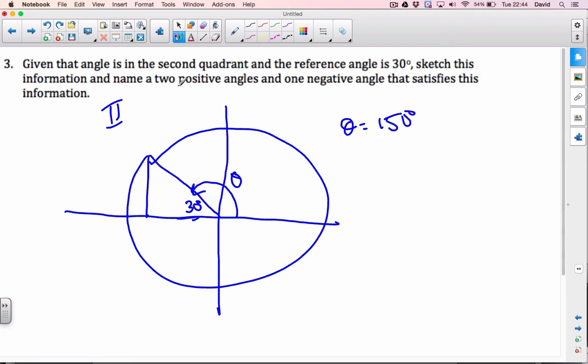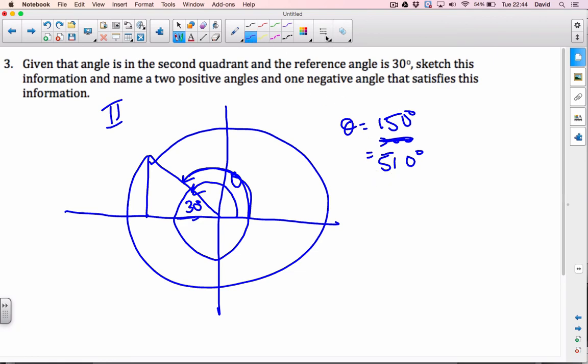A second positive angle, well, if I go, here's 180, 270, 360, all the way over to here. So if I go 360 plus 150, I will get 510 degrees is my second positive angle.